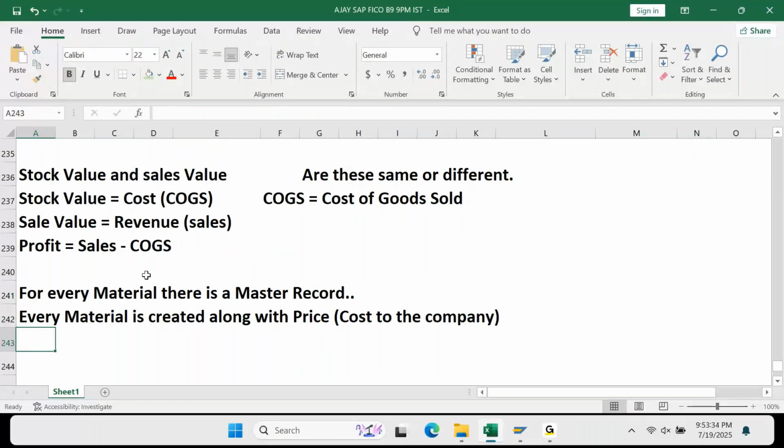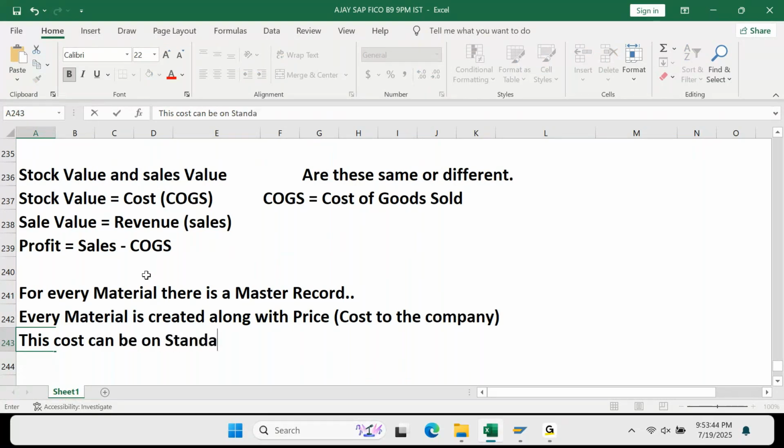Now this cost can be on standard price or moving average price.